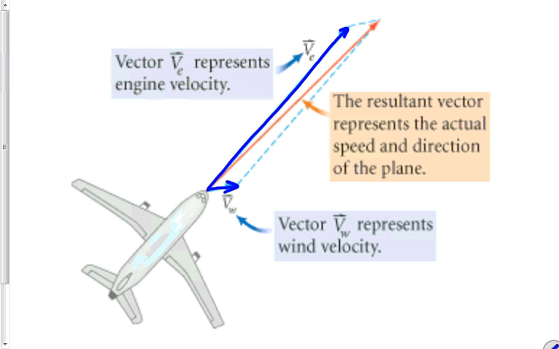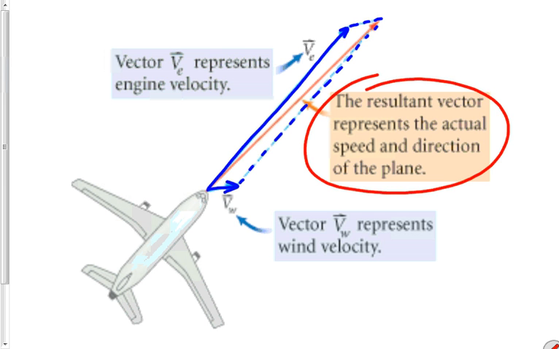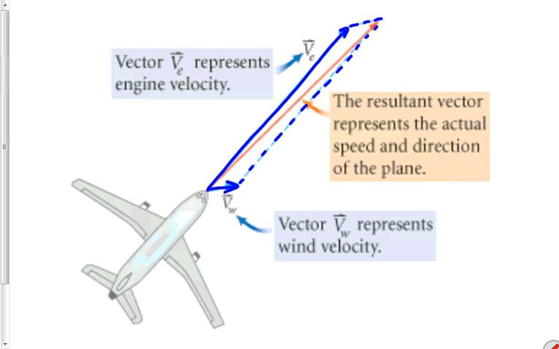Now, what they've done is, with these dotted lines, they have created a parallelogram, right? And the red vector inside of that parallelogram, as it says right here, is the resultant vector of the vector produced by the engines and the vector produced by the wind, right?